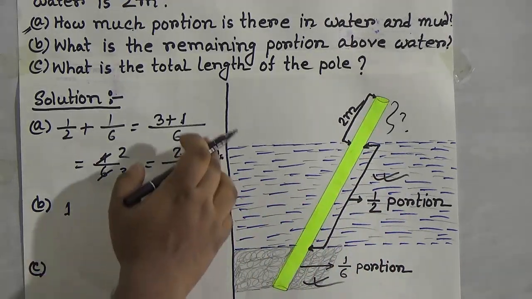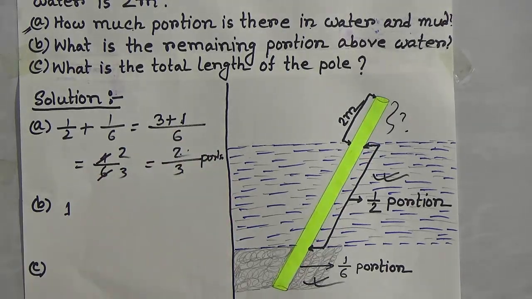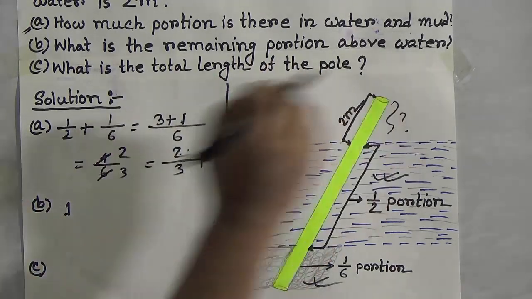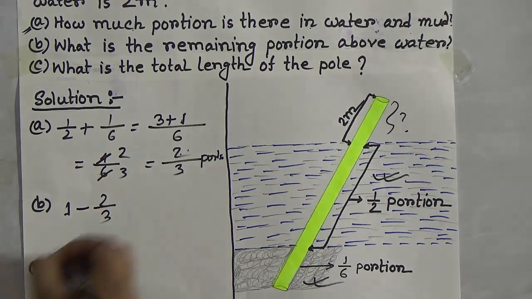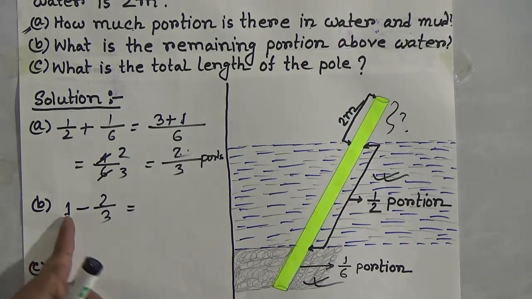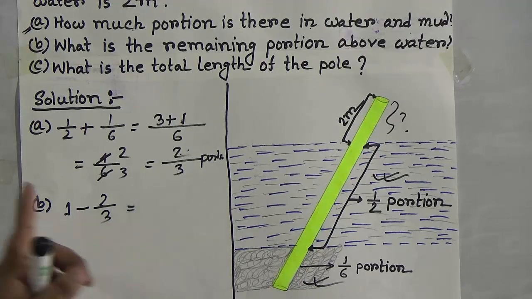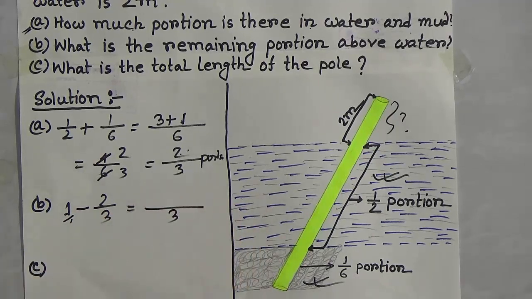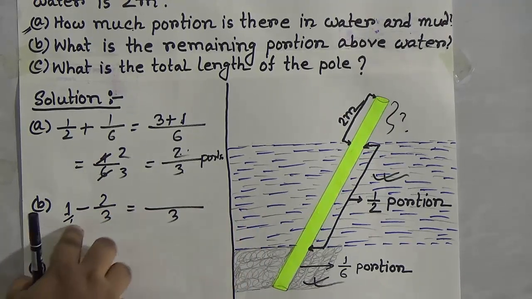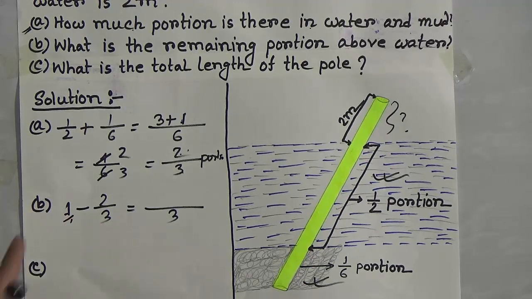So we subtract this 2/3 from 1 and we get the portion which is above water. So 1 minus 2/3. We know that every number has a denominator which is 1. So we consider 1, and between 1 and 3 the LCM is 3.